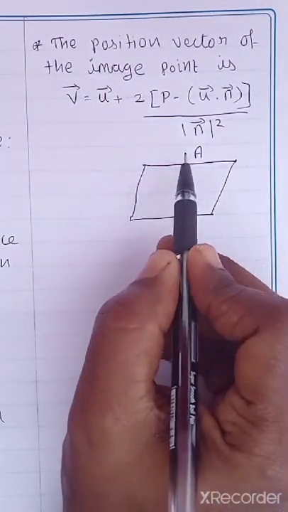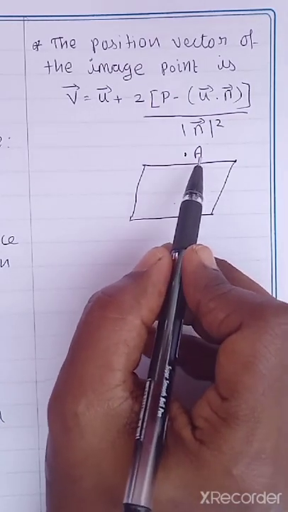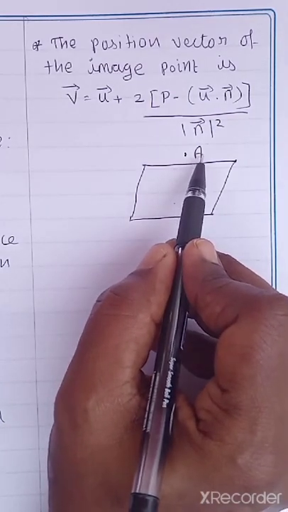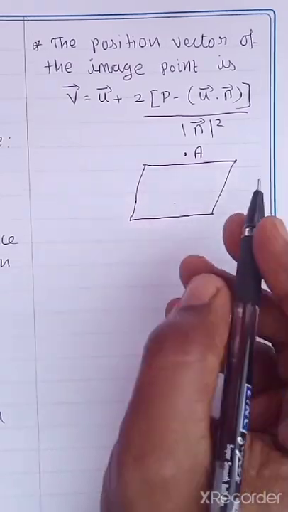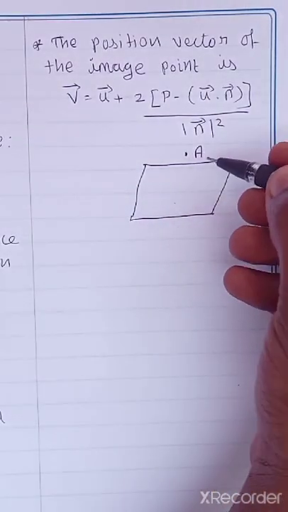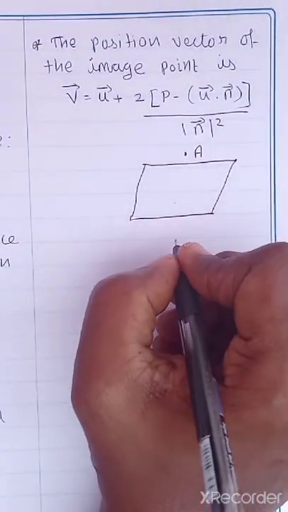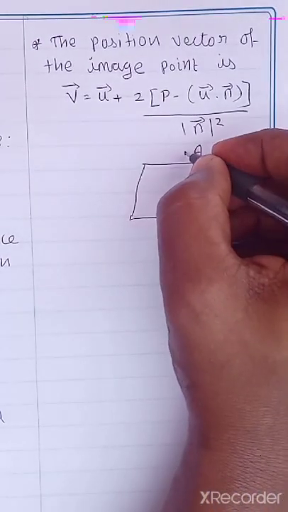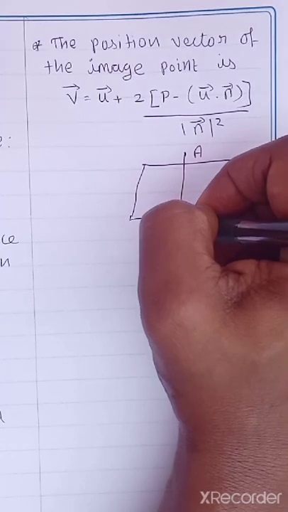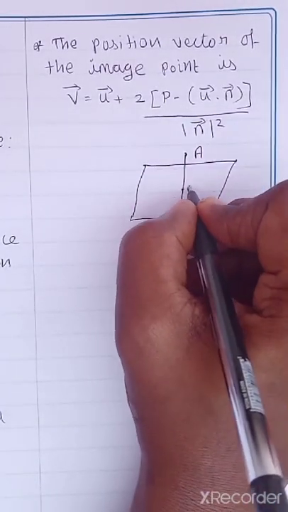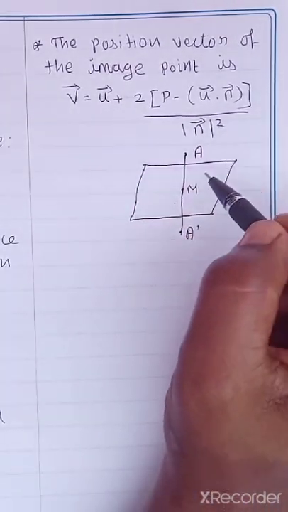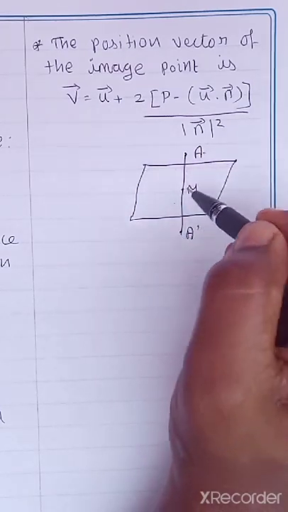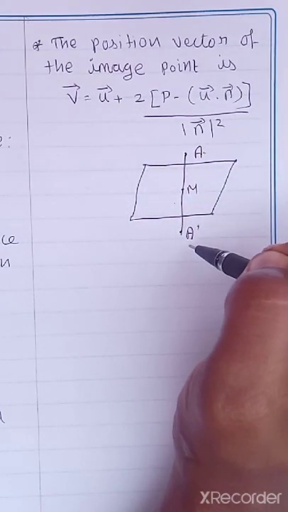We are going to find out the image of this point. So image of this point, how can we find out? It is your reflection point, right? So here this will be your A dash. This is your image point. So this is your point, this is your plane, and this is an image point of a plane.